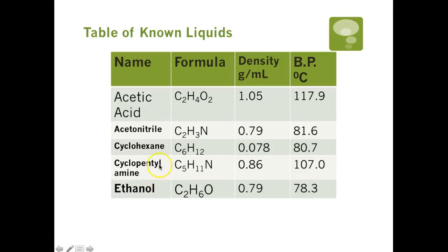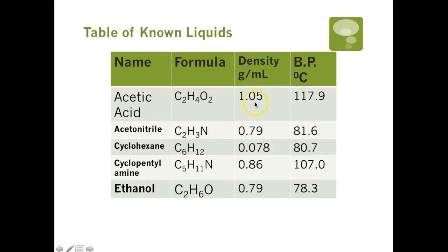If you come to the liquids, the known values are listed here: acetic acid, acetonitrile, cyclohexane, cyclopentylamine, and ethanol. Now, most of these liquids have fairly low densities as compared with water, which means if they're less dense than water, they're going to be floating on top of water, much like oil floats on top of water.